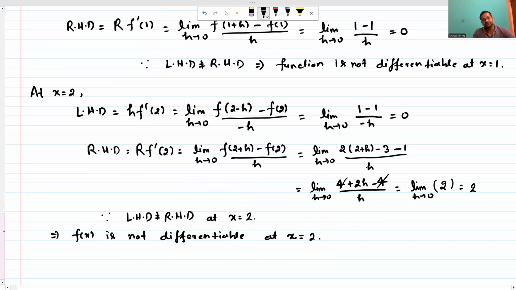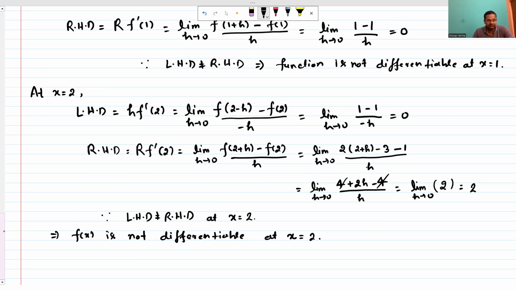So this function is not differentiable, obviously, at x equals 1 and x equals 2, and otherwise it is differentiable at other points, but it will not be differentiable at 1 and 2.